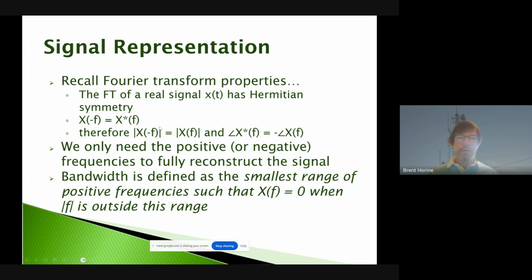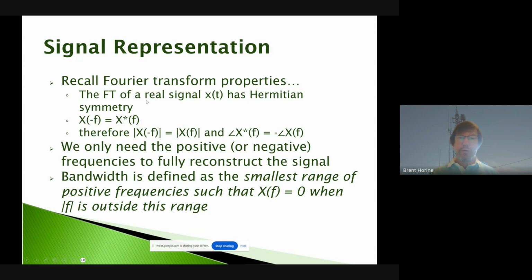But now if we take the magnitude of these, right, we square both the real and imaginary terms, add those up and take the root, then that's the magnitude, right? And we'll see that they're equal, and the phase is opposite or negative, right? So this means we only need the positive or conversely the negative frequencies to fully reconstruct the signal.